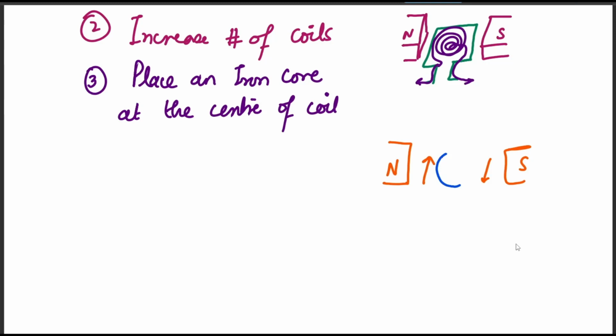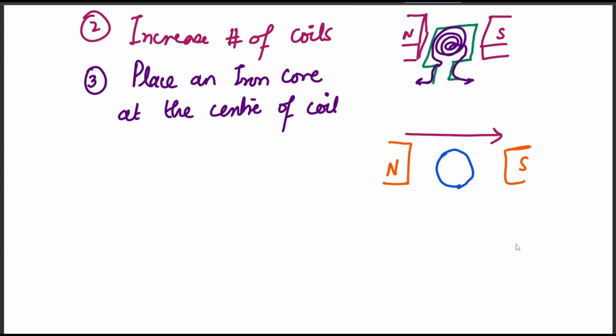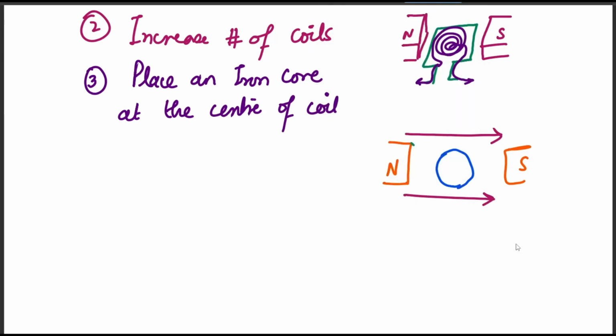What happens is that the external magnetic field, instead of just moving from north to south in open air, now prefers to pass through the iron core, the magnetic shielding effect.